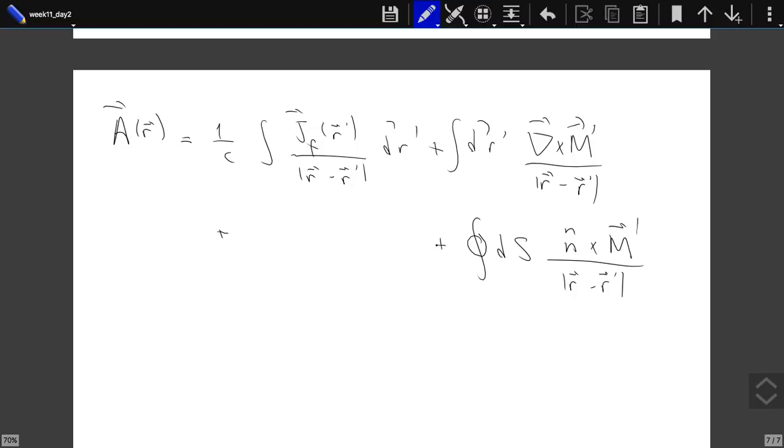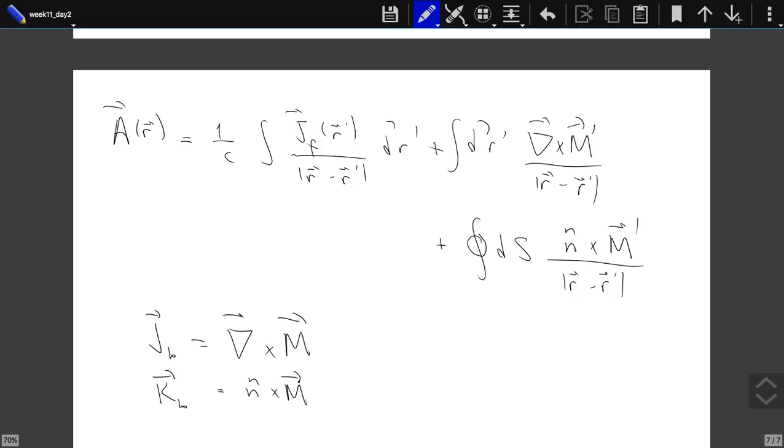So basically, if you have this magnetized system, I can always treat it as some kind of bound current density running in my system, given by the curl of this magnetization, and also a bound surface current density, given by n cross M. To compare it with the case in electrostatics, if you remember, the bound charge density was nothing but the divergence of polarization, and the surface charge density was nothing but the normal component of polarization.